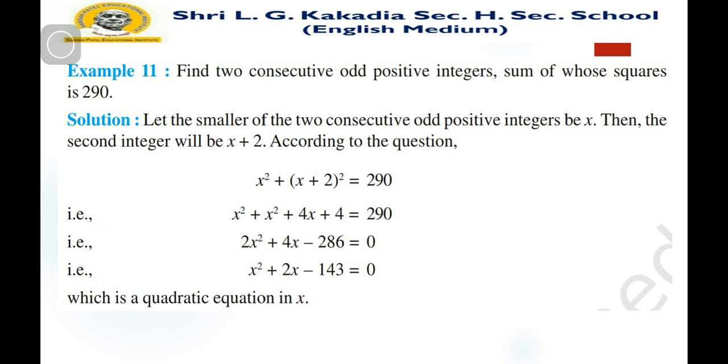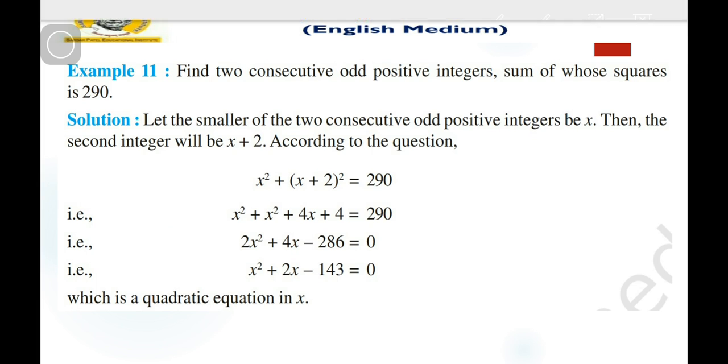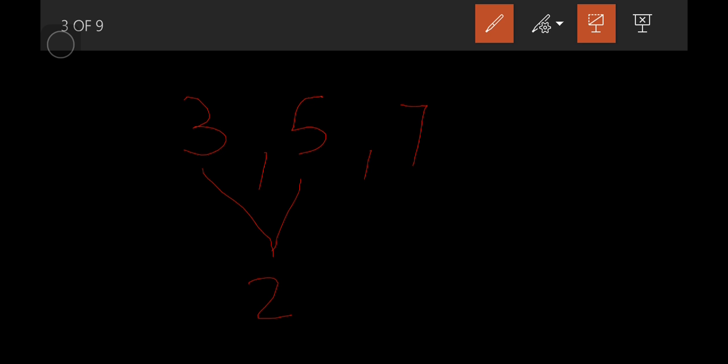The difference between 3 and 5 is 2. After 5 we get 7, and the difference between the two odd numbers is 2.